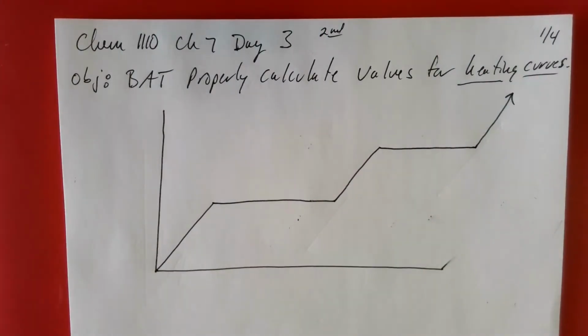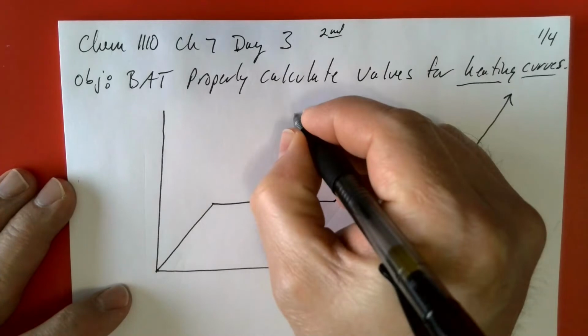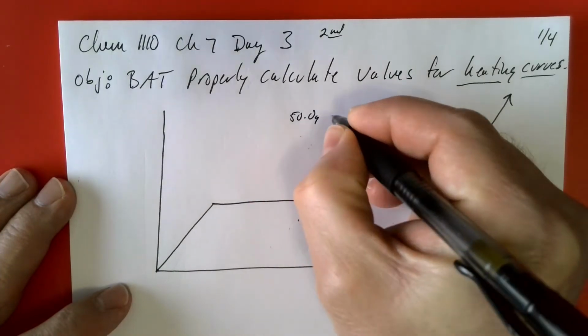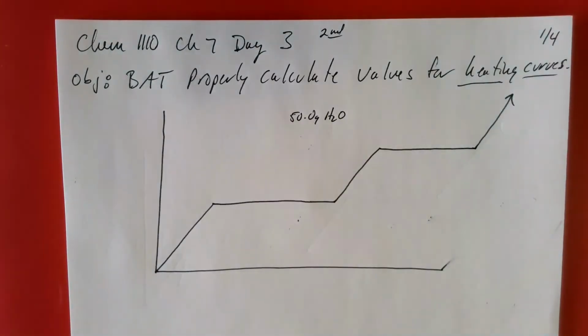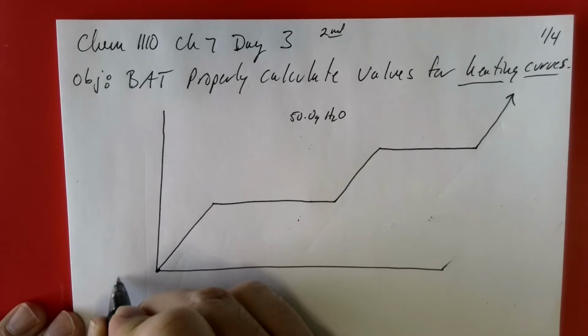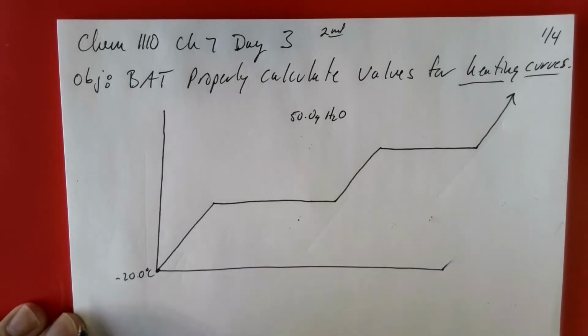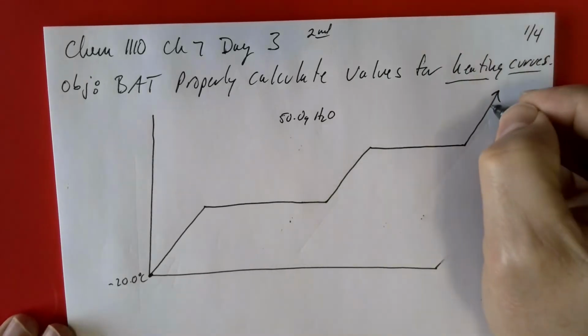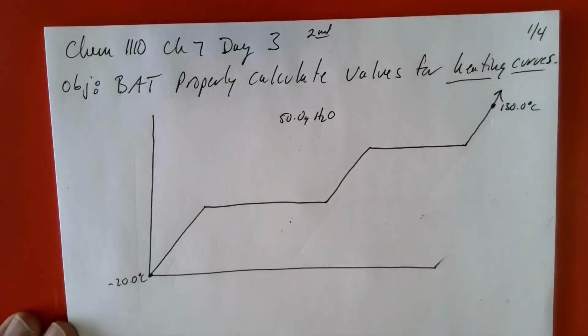Now what we're going to do is take 50.0 grams of H2O. We're going to start out down here at negative 20.0 degrees Celsius, and we're going to end up here at 130.0 degrees Celsius.